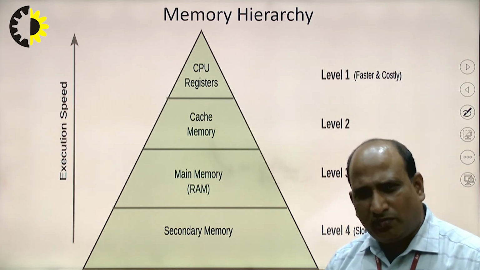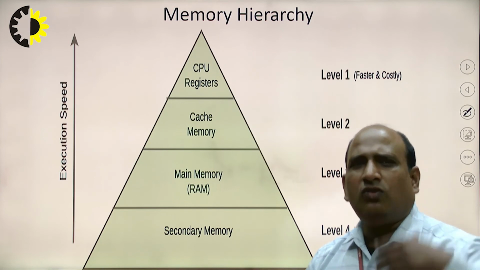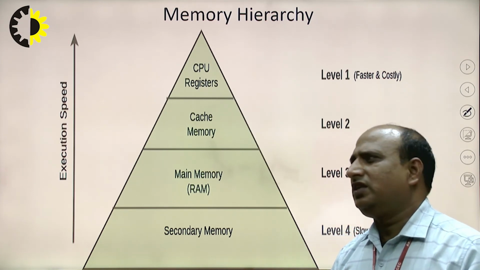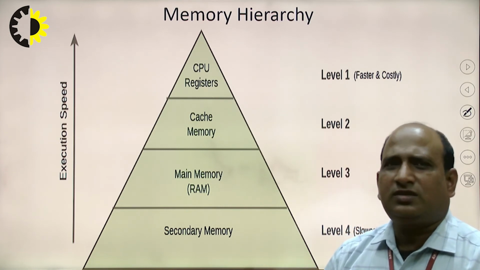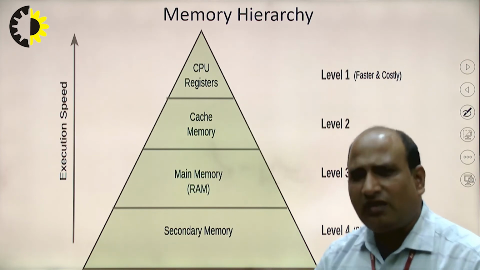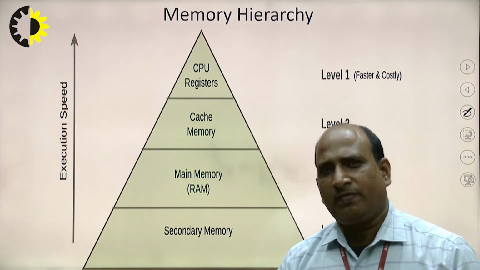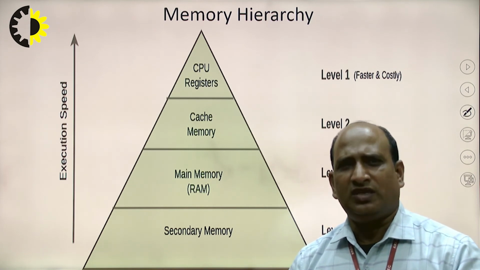As we go from bottom to top, the memory gets closer to the processor. Like, the CPU register is the smallest memory. Since it is fabricated within the processor, it is the fastest memory. It has limited capacity and is the most expensive.